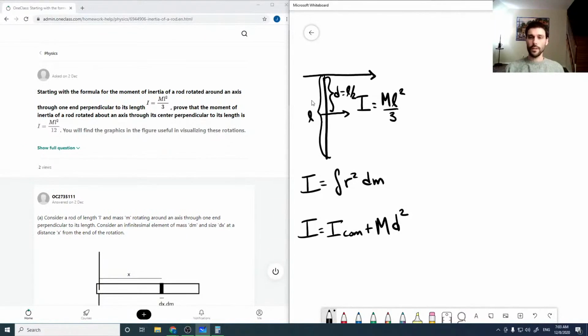Now we're given the moment of inertia about this axis and asked to find the moment of inertia about its center of mass. So we would rearrange this. So our center of mass inertia would then be the I we're given minus md squared.